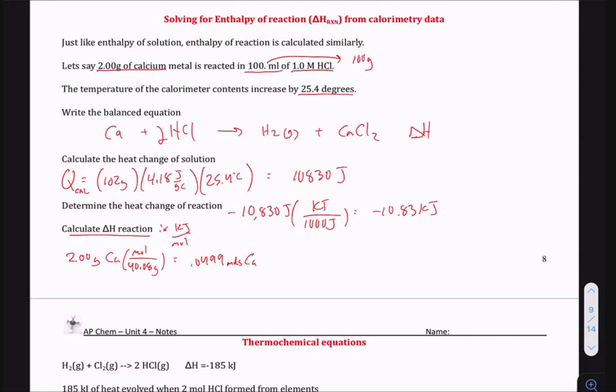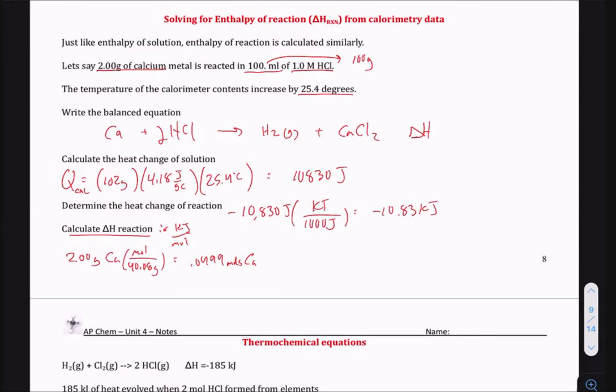Okay. There are 2 reactants. HCl is my other reactant. So when you have 2 reactants, which moles do you divide your energy by? The answer is the one that limits the yield. There's a name for that. What's it called? The limiting reactant. You've got to divide it by the moles of the limiting reactant.